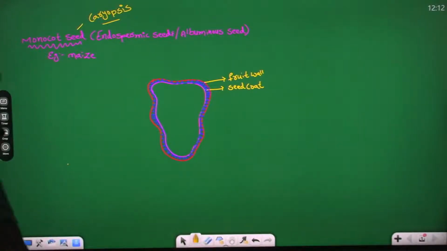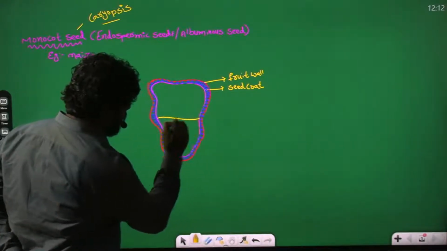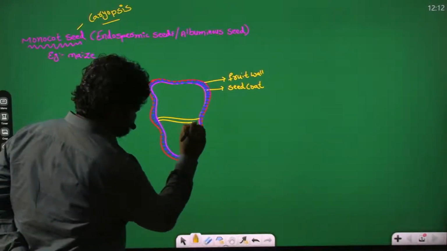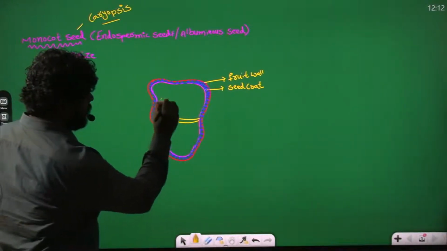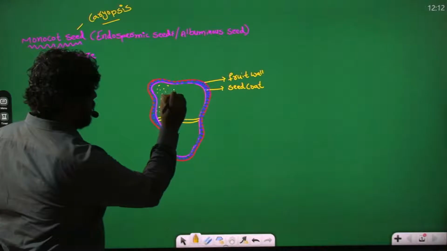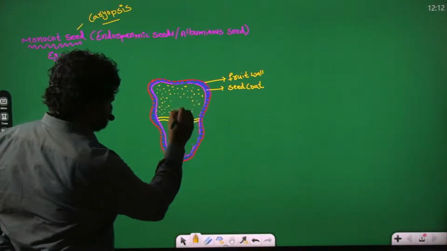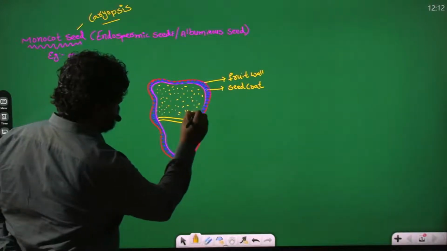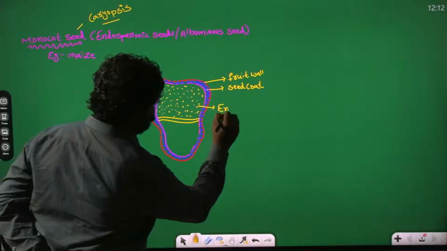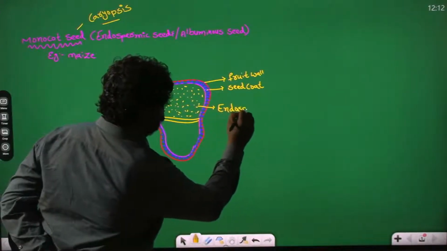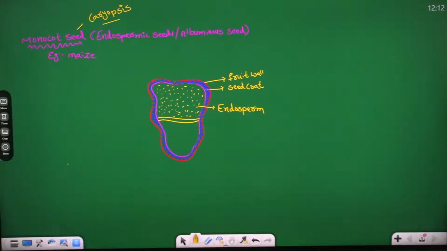And listen, inside the monocot seed, endosperm is present. Imagine this is the endosperm. Inside the monocot seed, which one is present?